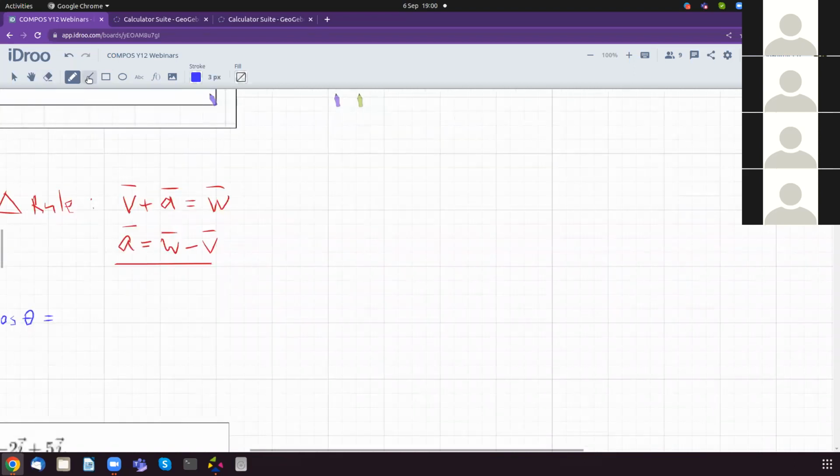Say you have a vector A and vector B, and this is the angle between them. We know that the dot product, the scalar product, A times B, is modulus of A multiplied by modulus of B, cosine theta. This is the definition of the scalar product.